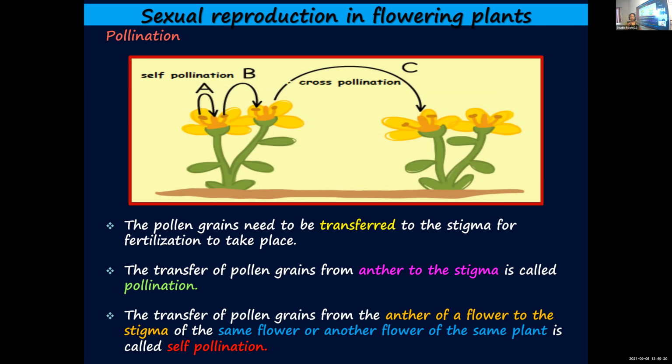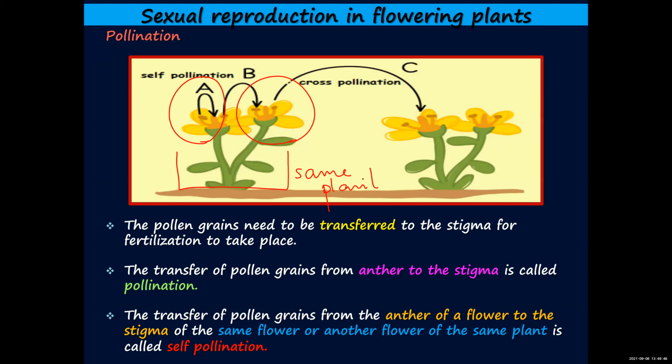The transfer of pollen grains from the anther of a flower to the stigma of the same flower or another flower of the same plant is known as self-pollination.